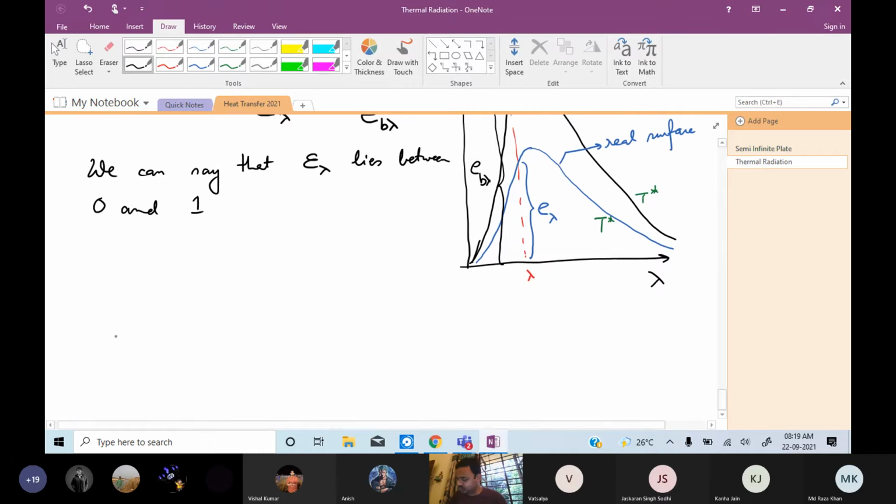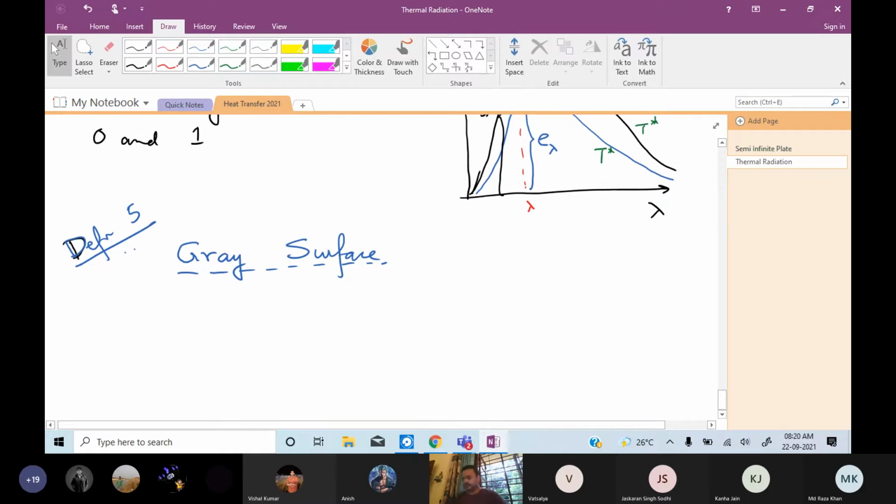That brings me to definition 5, which is called the gray surface. What do I mean by this?